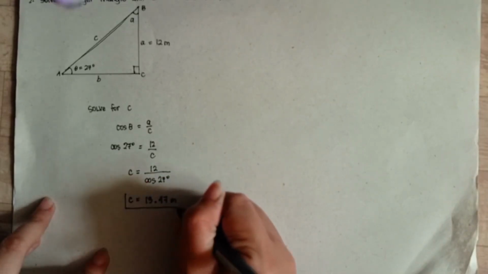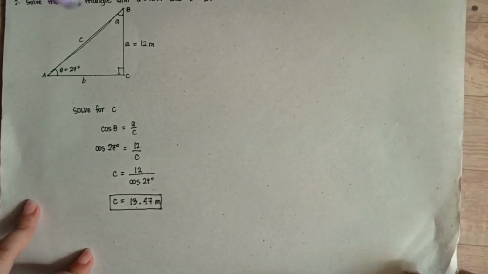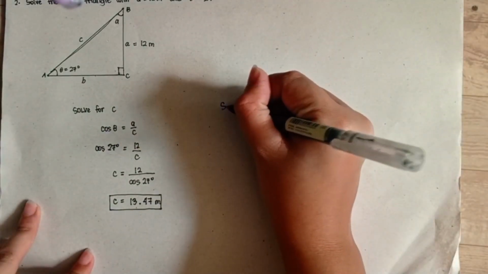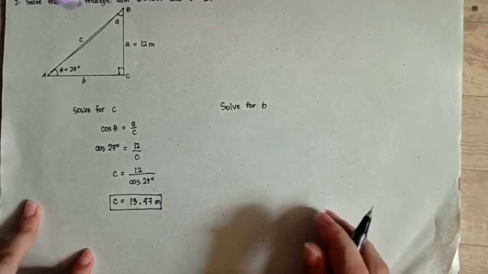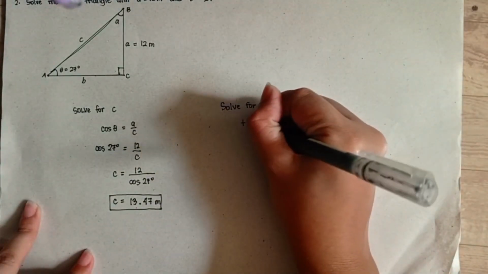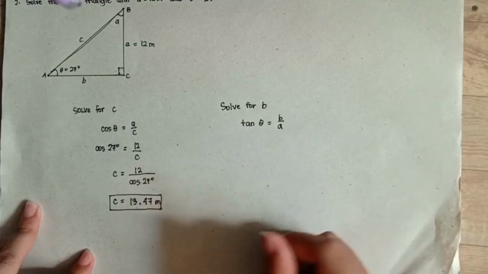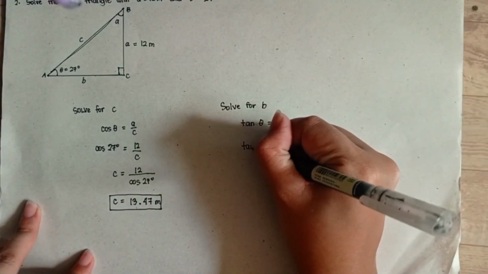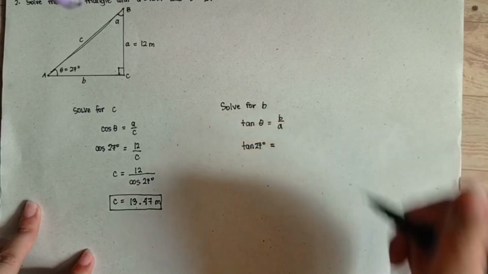Using the calculator, we get C is equal to 13.47 meters. Next, let us solve for side B. We use the tangent ratio because tangent relates the opposite side and adjacent side. Tan theta is equal to B over A. Substitute the values.